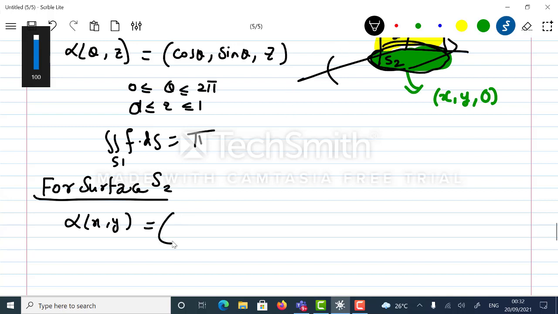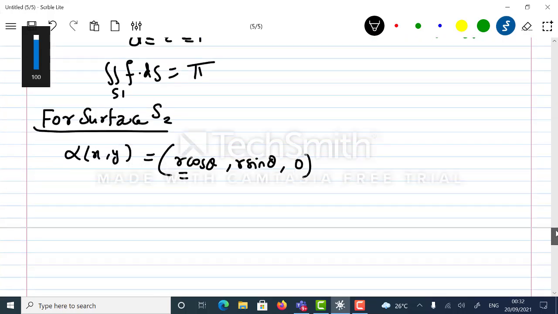The parameterization is r cos theta, r sin theta, and z is 0. Here the radius will be changing, because when I say surface, all the points inside are included.